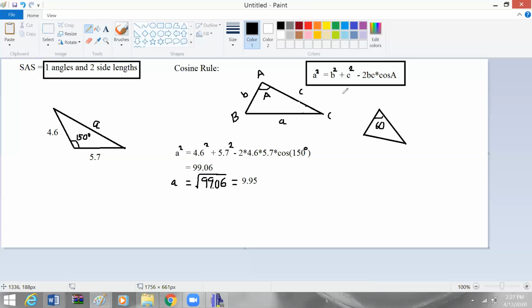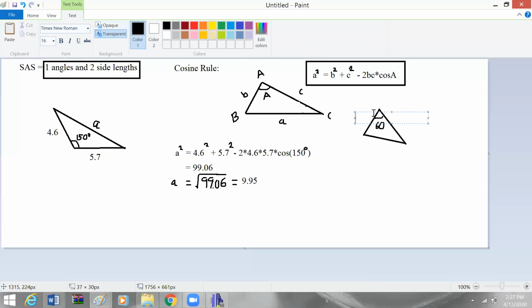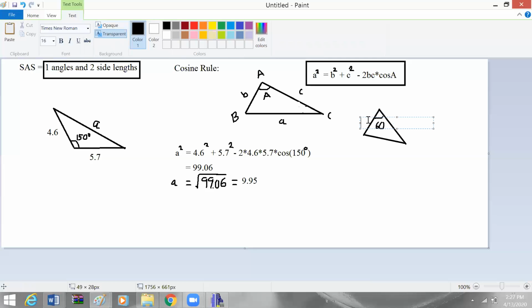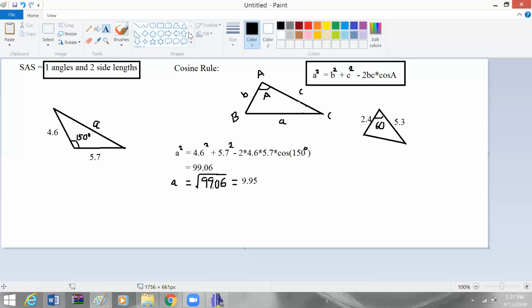And this side length is 2.4. And this one is 5.3. So this one is 60 degrees.